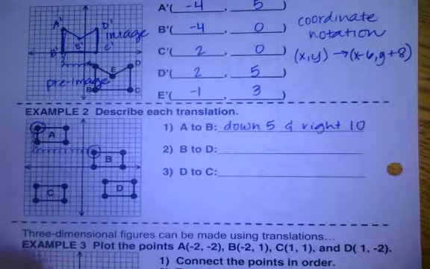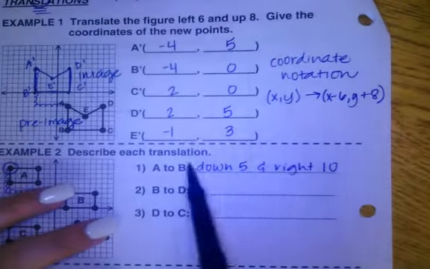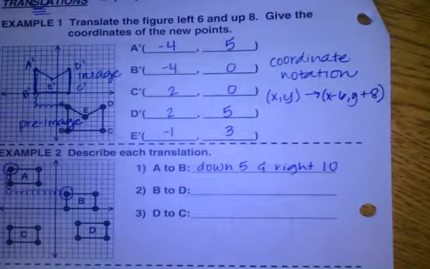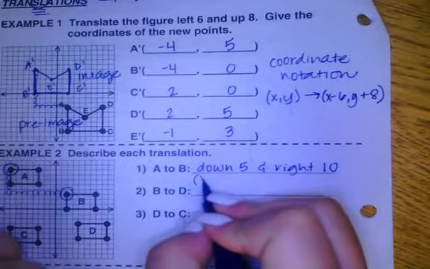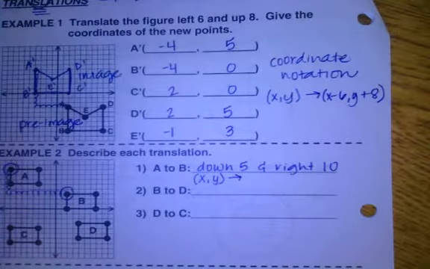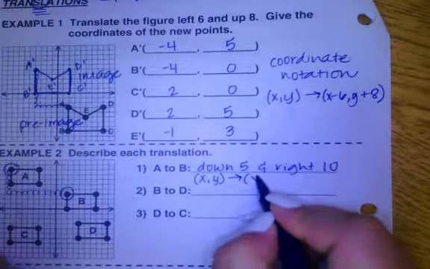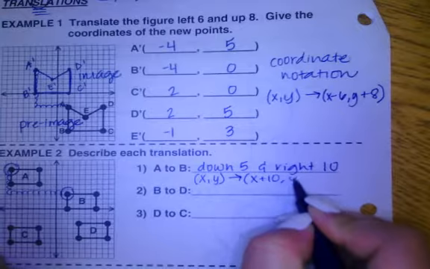Okay, remember coordinate notation looks like this. How am I going to write this in coordinate notation? Garrett, help him out. X plus 10, y minus 5.